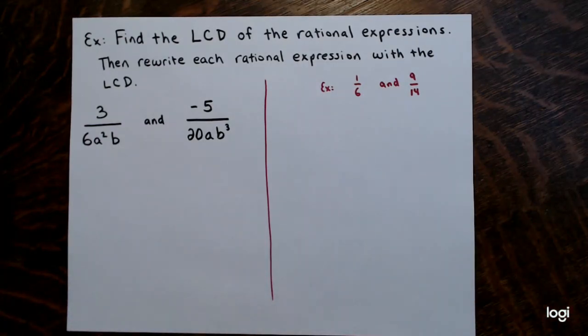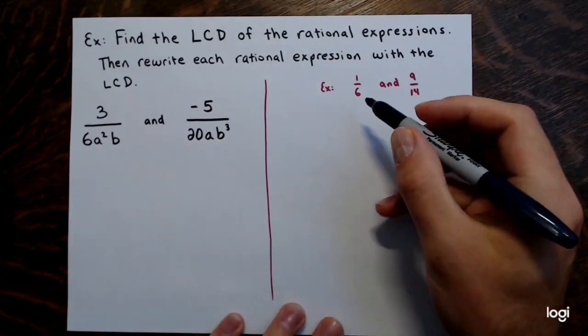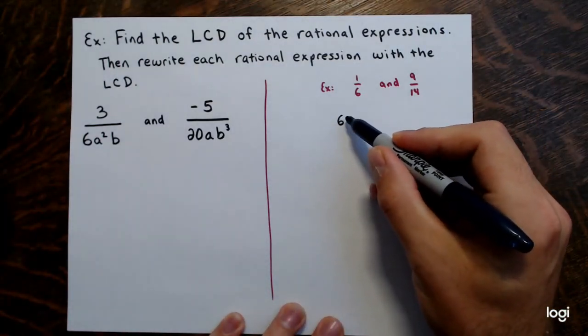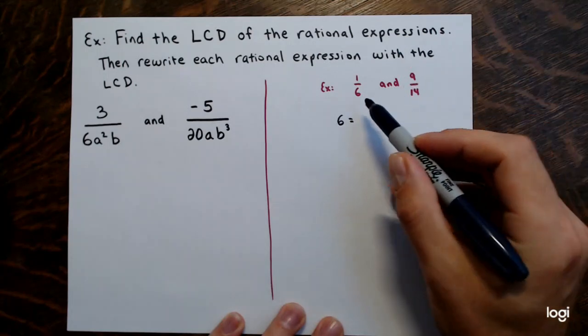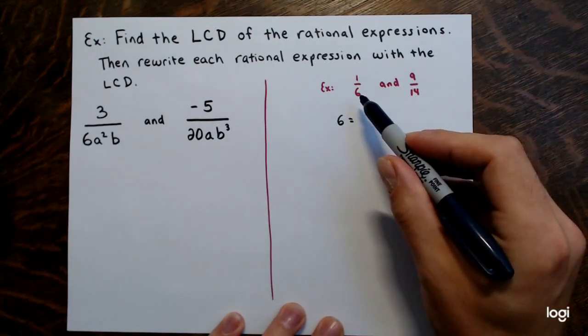If you've been following my videos or reading your books, you could look for other videos if you wish. I have already done a video on finding the least common denominator of two fractions, and a simple way to do that would be to factor each denominator, just the denominators.